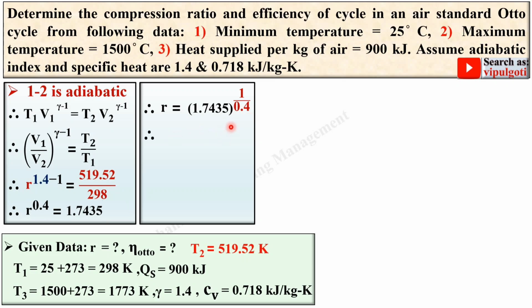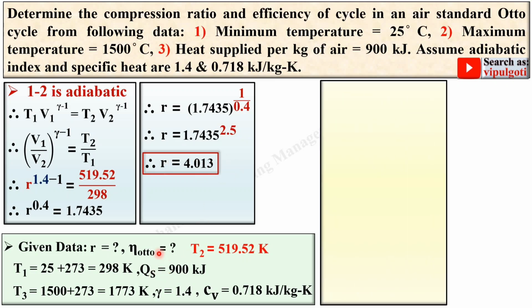Now you can simplify this equation. It will be 1.7435 raised to 2.5, and simplification of this gives the compression ratio r as 4.013. So this is your first answer, compression ratio. Make a box. My dear friend, this is the compression ratio, so it must be unitless.